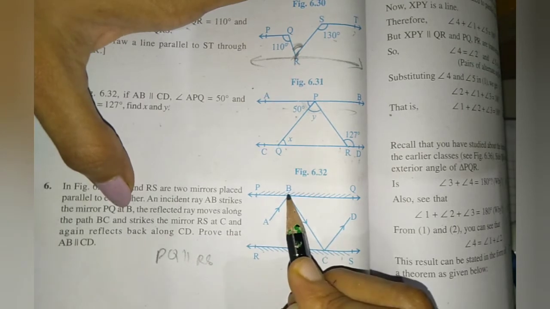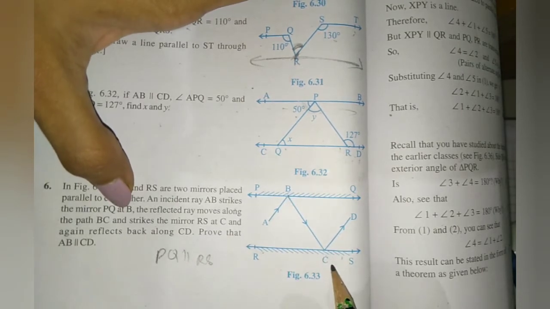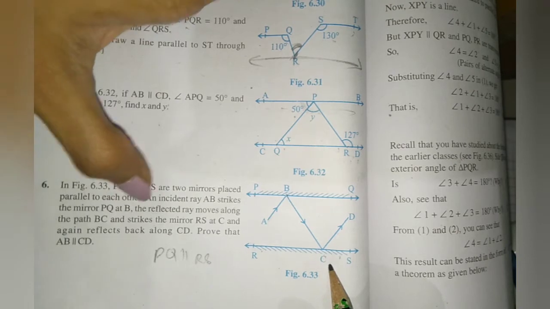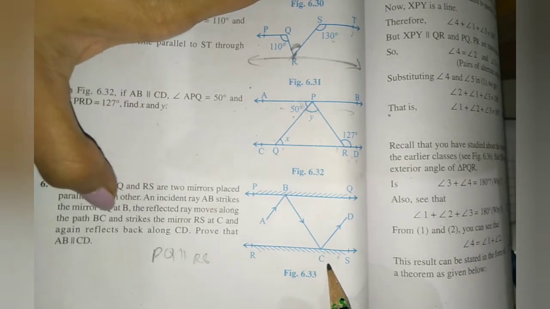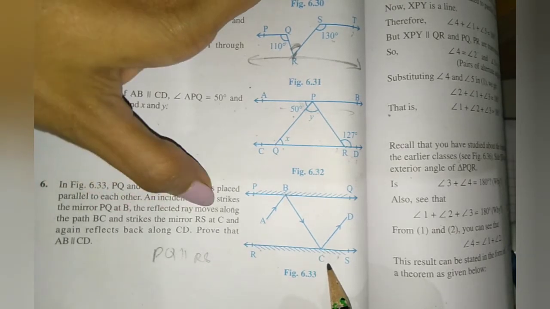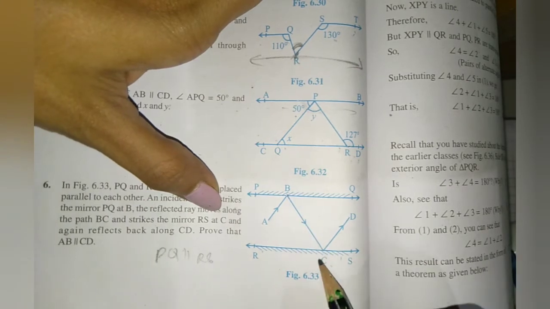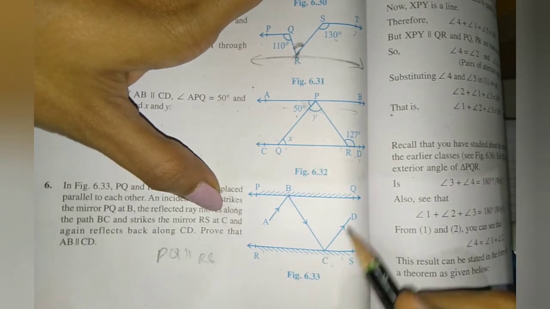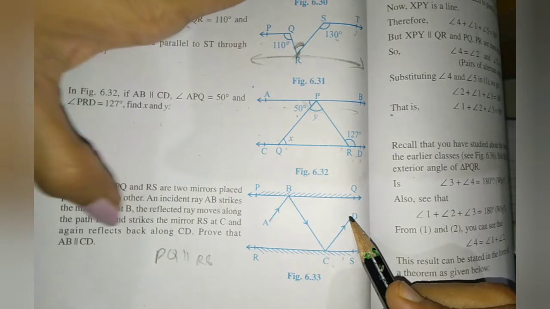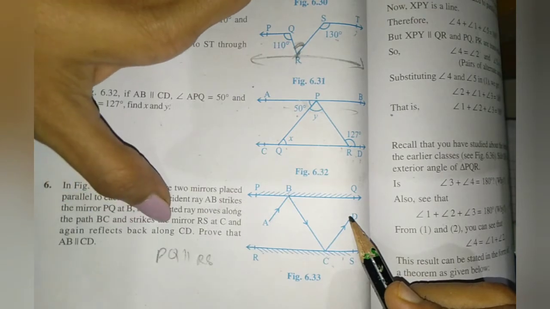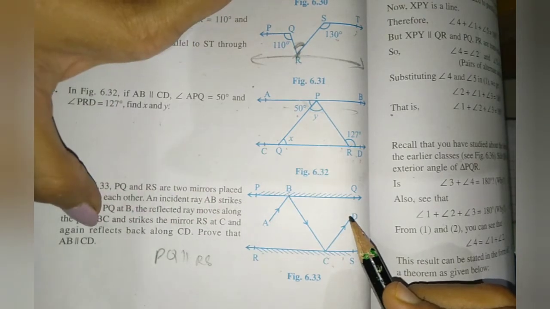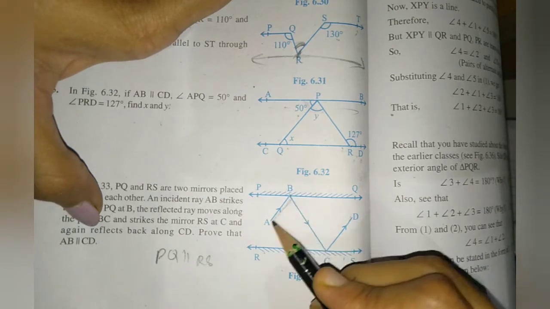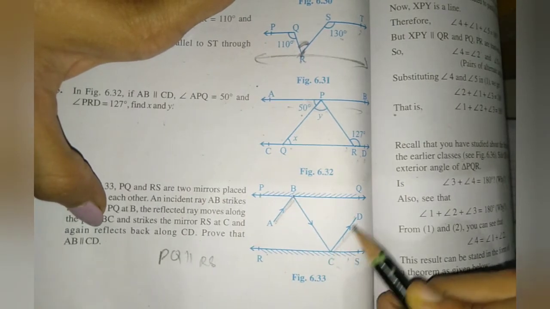This is the incident ray AB and BC is the reflected ray. Then it strikes the mirror RS at C. Now this is the incident ray and CD is the reflected ray, going back along CD. We have to prove that AB is parallel to CD.